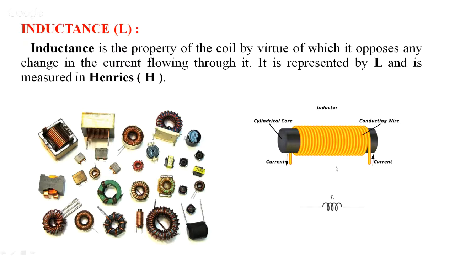You can see here the current is entering the coil, it flows through the coil and exits at the other end. If we try to change the amount of current flowing through it, then the property of this coil will try to oppose that change, and that property of the coil is called inductance.